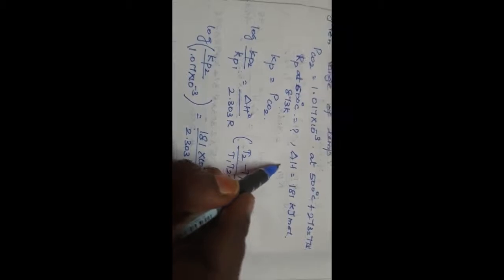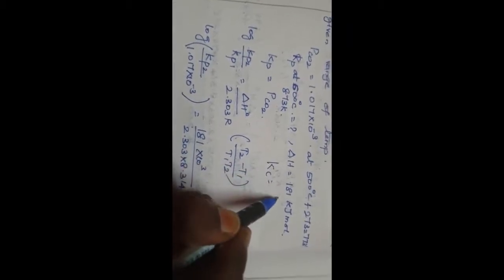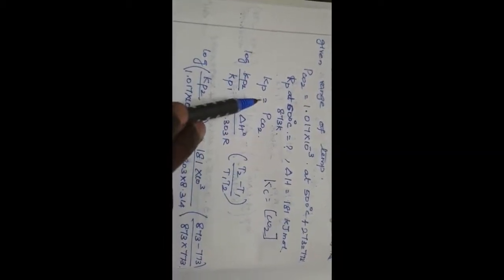So for writing this equilibrium constant Kc, it will only depend upon the gaseous carbon dioxide. Kc is equal to the concentration of CO2, and the same way Kp is equal to the partial pressure of CO2, right?